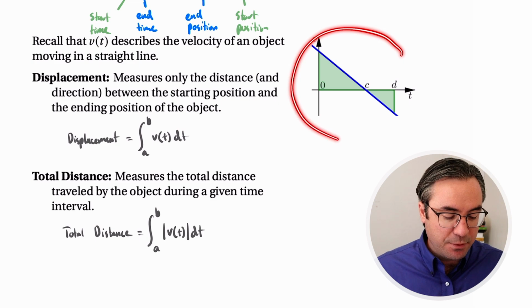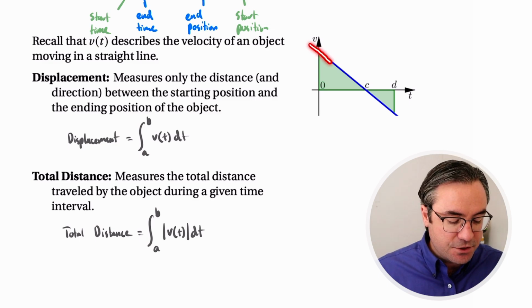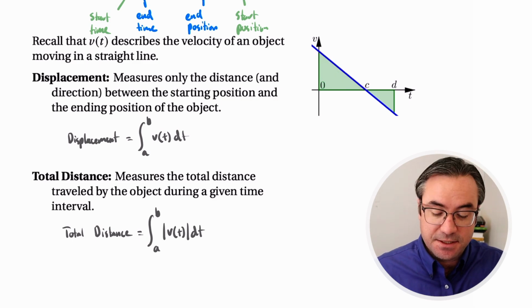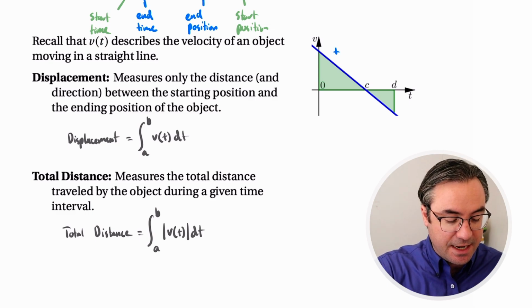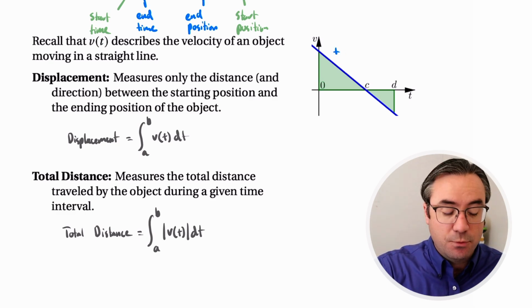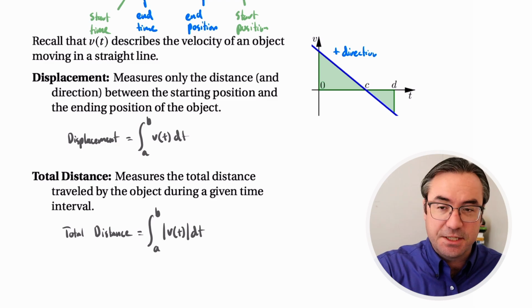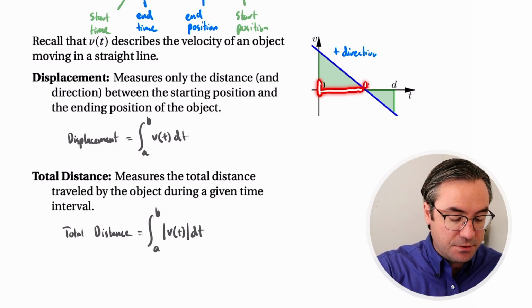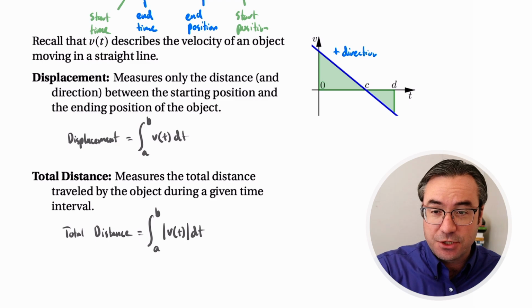As a little example here, here's a graph of just some velocity function. We can see that for a certain section, the velocity function is above the t-axis. What this is telling us is that during this time, our object is moving in the positive direction because velocity is positive. So going from time 0 to time c in this case, our object is moving in the positive direction.